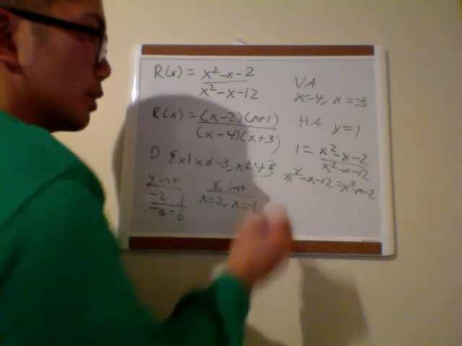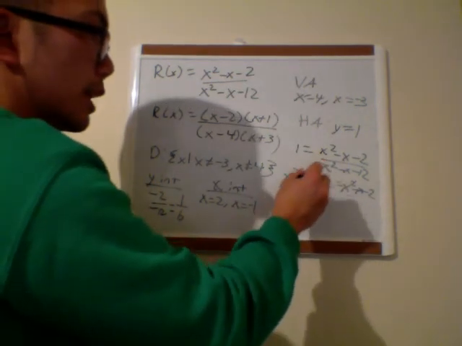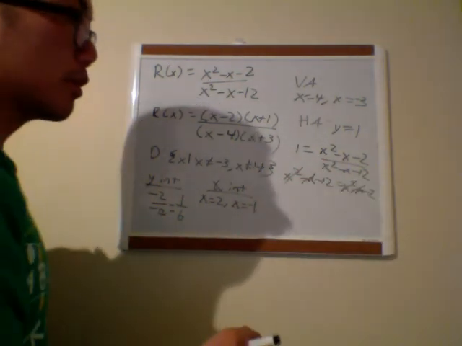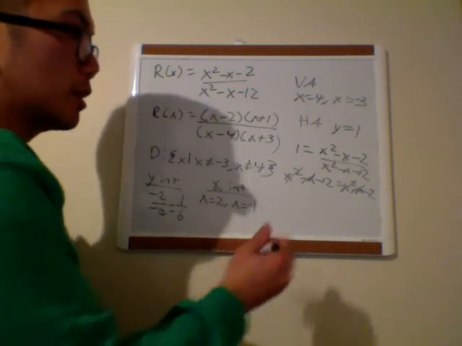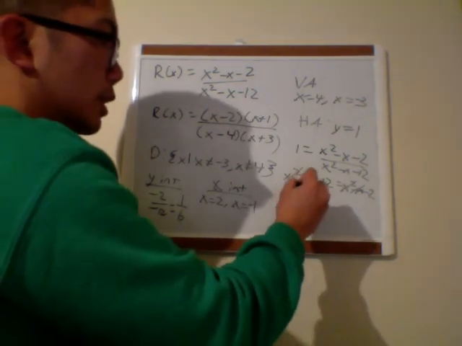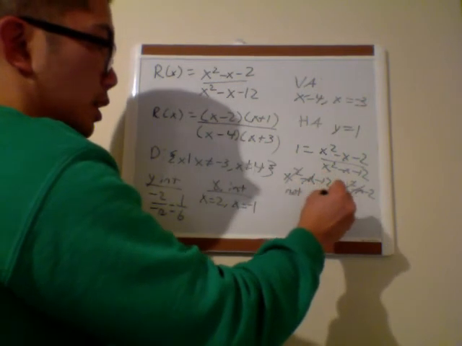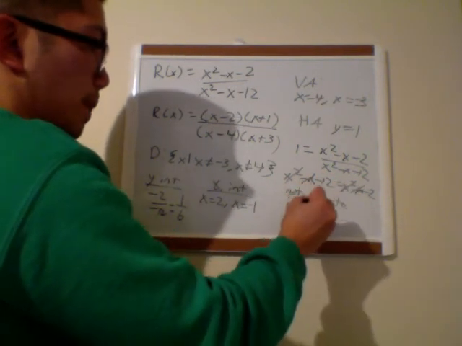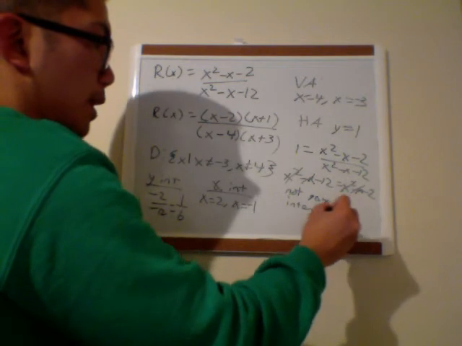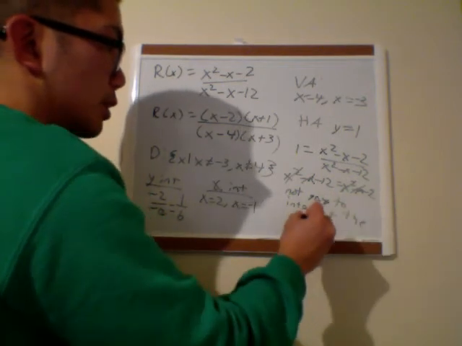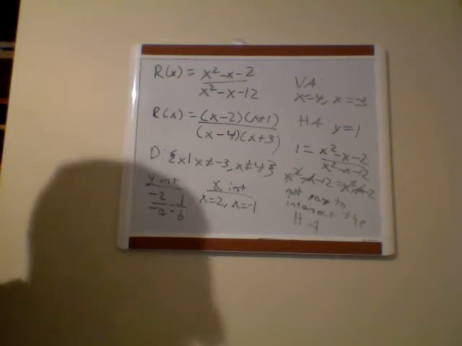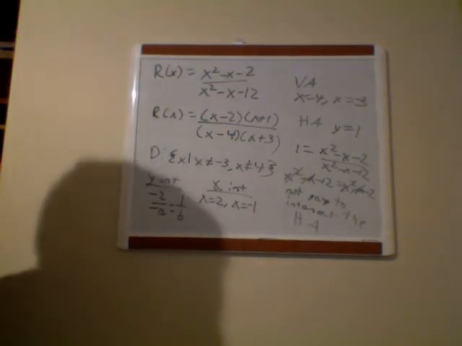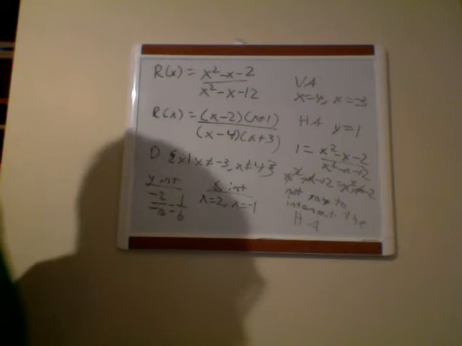The x squares cancel, the x's cancel, and I'm left with -12 is equal to -2, which doesn't make sense, so we are not going to intersect the horizontal asymptote. Okay? So that's all of the properties we know. Now let's go ahead and graph this.